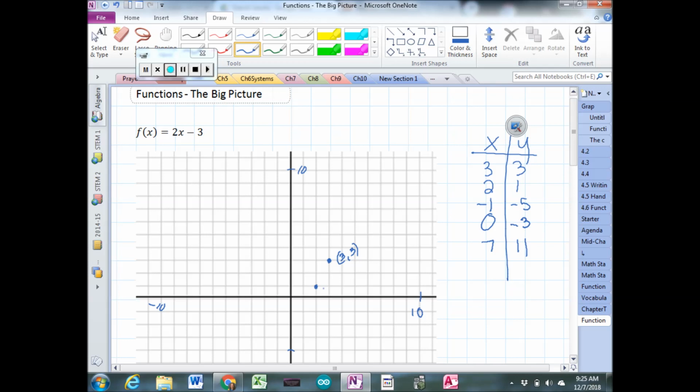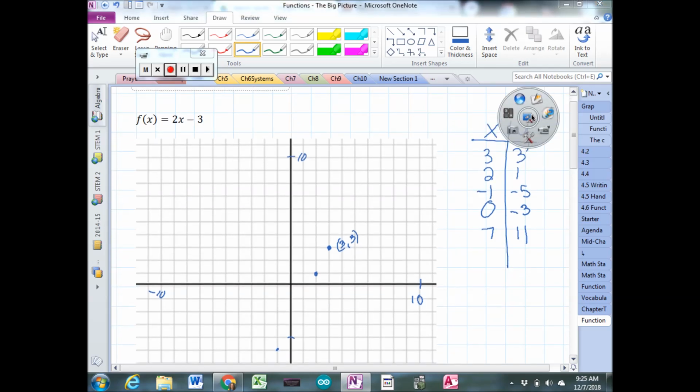So here I am graphing the points. 3, 3, and then 2, 1, and then -1, -5. I'm going to label that one.